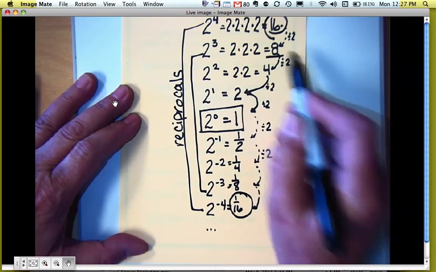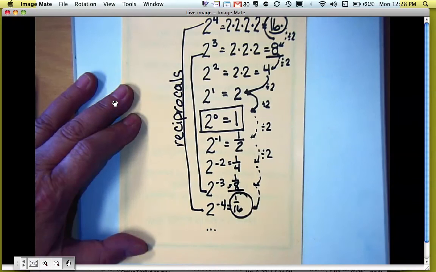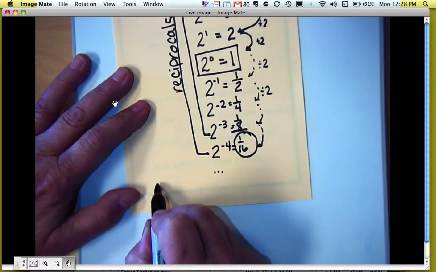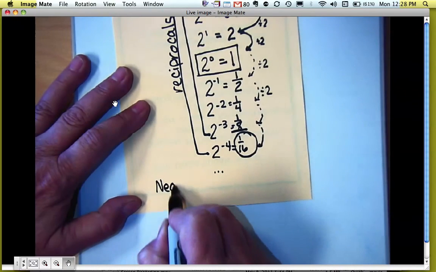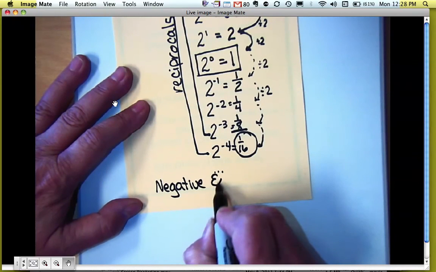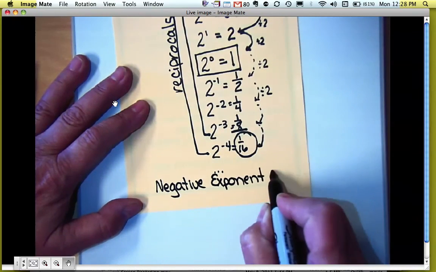We have 8 and 1/8. So all that happens when we have a negative exponent is the reciprocal of the positive exponent.